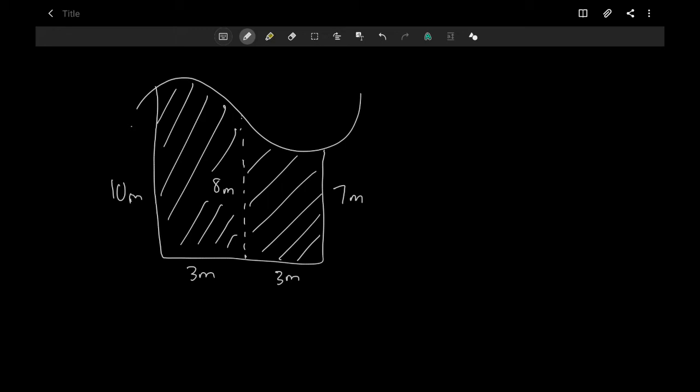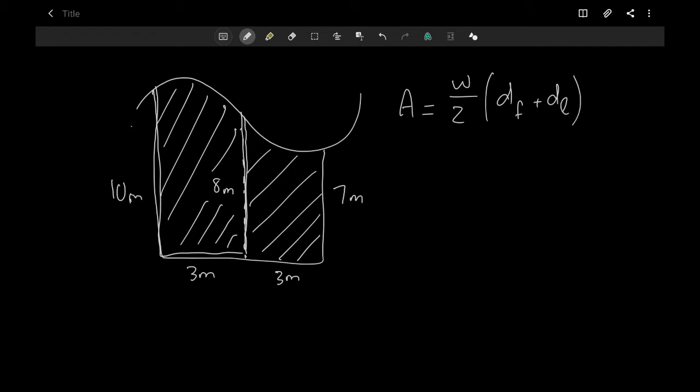So let's take a look at how that's done. If we look at the first section, which is here, and we write down the trapezoidal formula, A is equal to W over 2, dF plus dL. Now, when they say use two applications, it means we're going to do it twice.